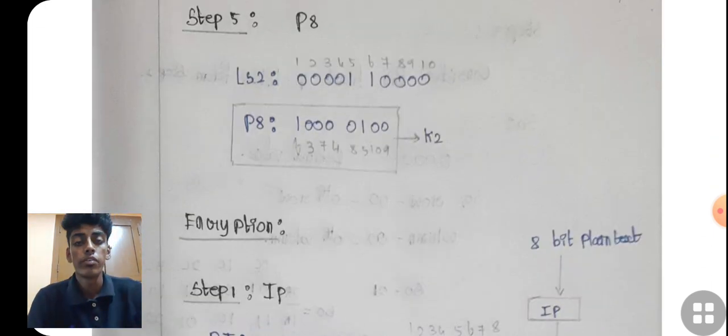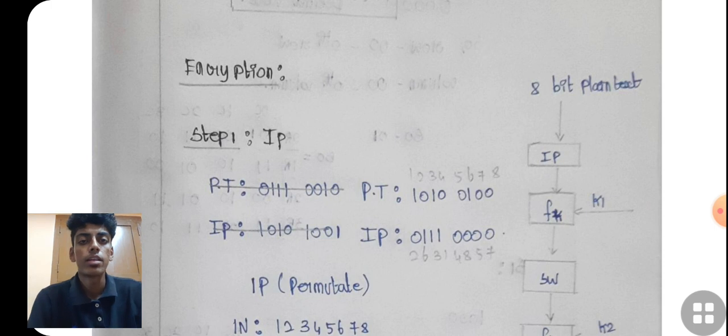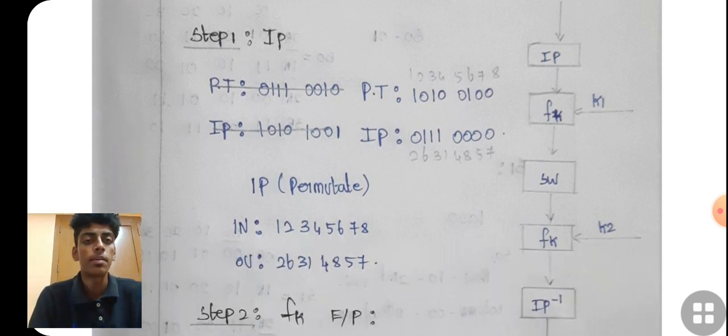Now we can do the encryption operation. In the encryption operation, the first step is IP. In the IP we take the plain text of 8 bits, and later we find the 8 bits of IP. Below I can write the IP permutation. It is easy to find the output of IP.